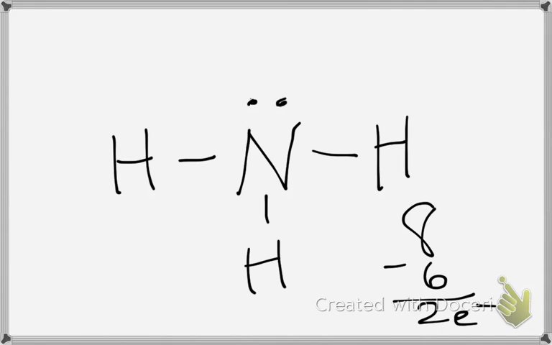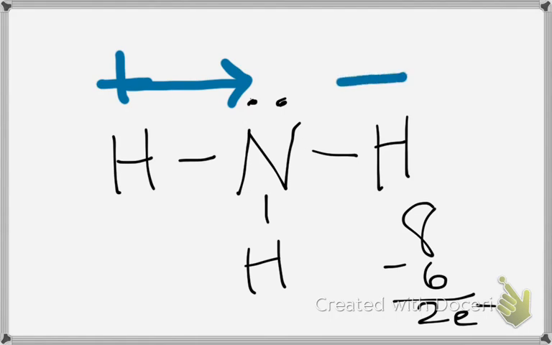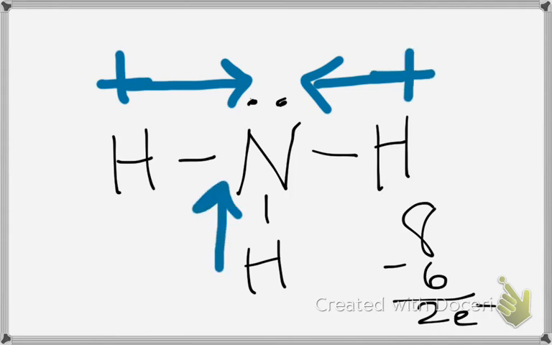Alright, and I'm going to draw my arrows this way, which means that the least electronegative atom, hydrogen, has electron density that is being pulled by the more electronegative atom, nitrogen. So the direction is going towards the nitrogen.